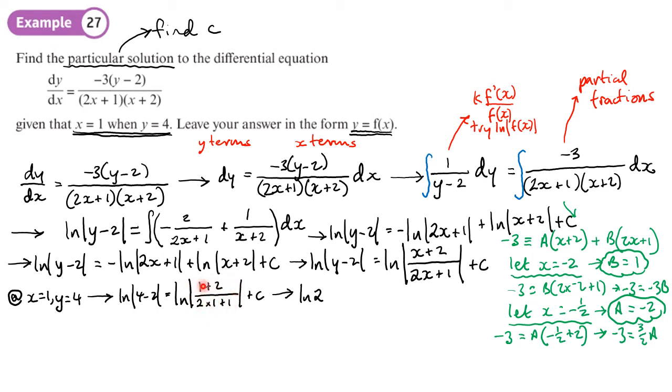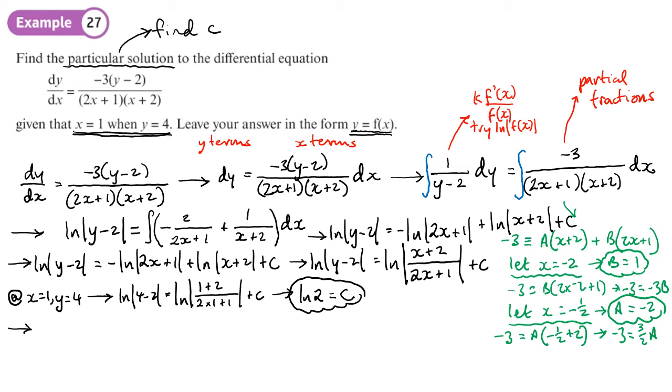So actually this becomes the log of 1, which is 0, because you'll have 3 over 3, which is 1, and the log of 1 is 0. That's nice. So basically we're just left with that. This is what c is. C is log 2.